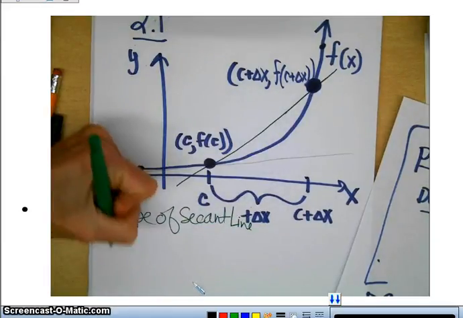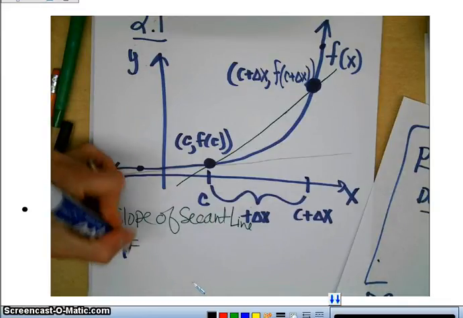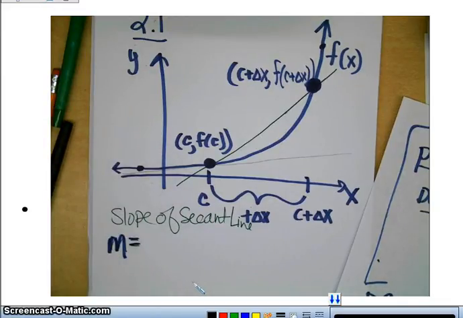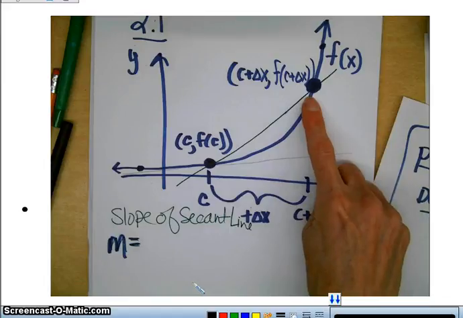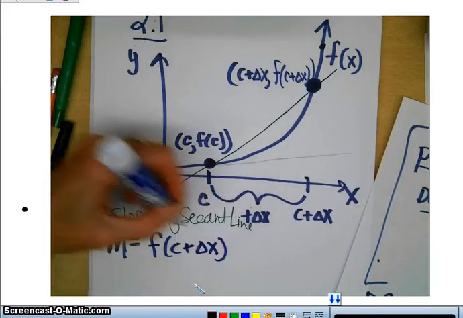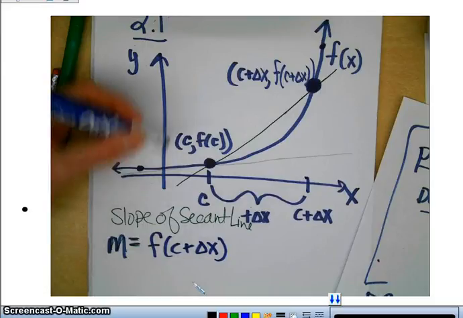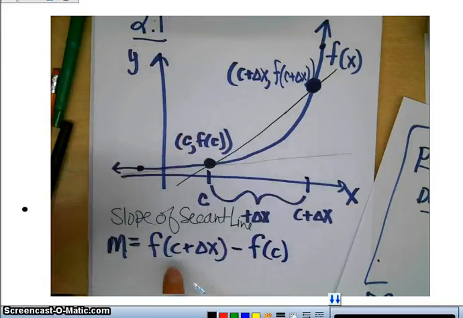So the slope of the secant line is going to be m equals, okay, what are the y, isn't it y minus y? Yeah, so what's the y value of the second point? f of C plus delta x, and the y value of the first point, minus f of C. So I'm just subtracting the y values.